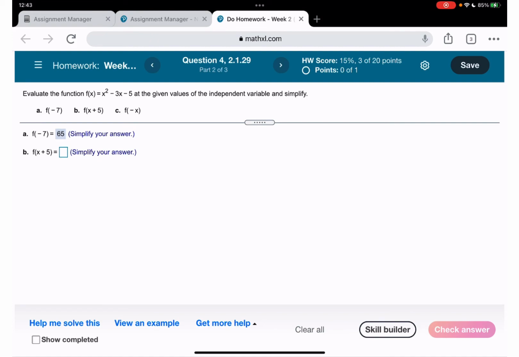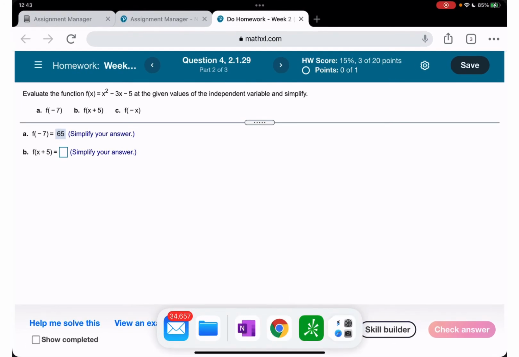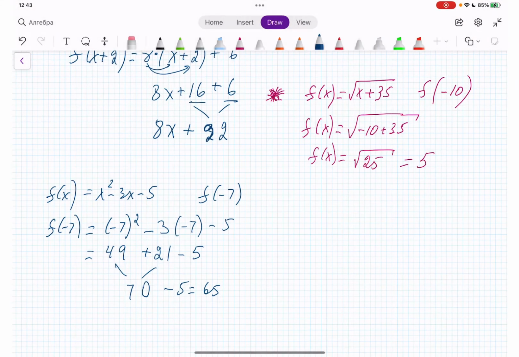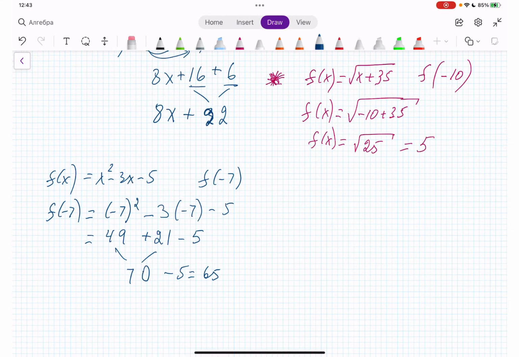Next is going to be f of x plus 5. F of x plus 5. So let me circle. This is our original one. So f of x plus 5 is going to be equal to x squared, so I'm writing down x plus 5 squared.